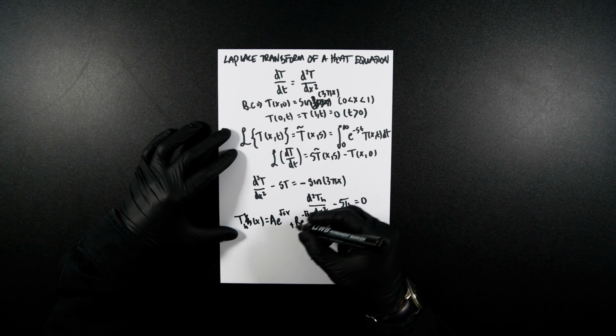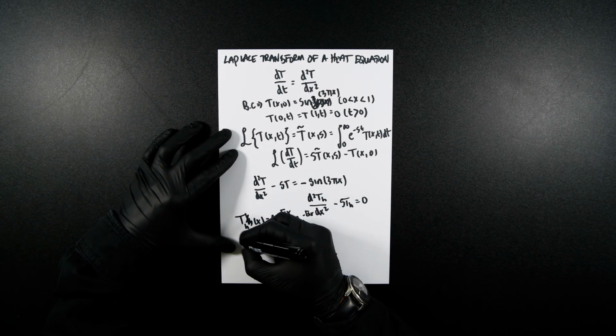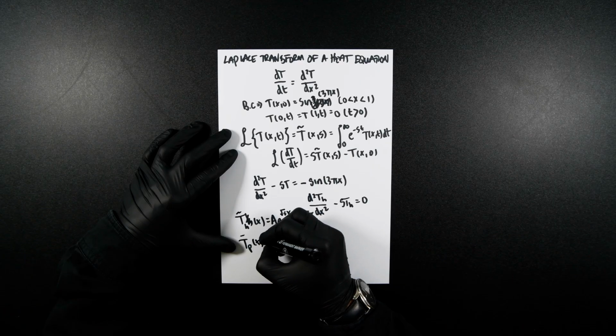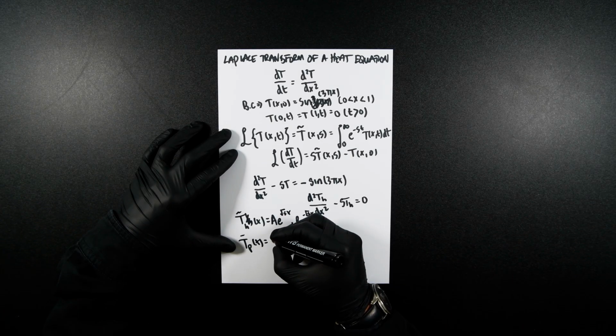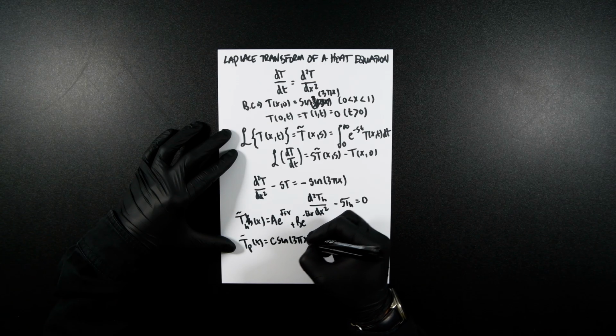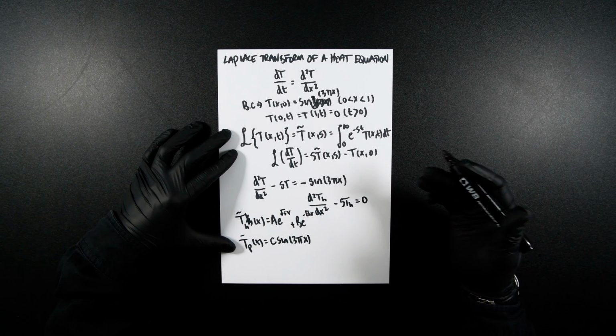So that's our general solution. The particular solution is going to be T_p with a little squiggle over the top, T_p(x), which would be C sine 3 pi x. And it's the same form as the right hand side.